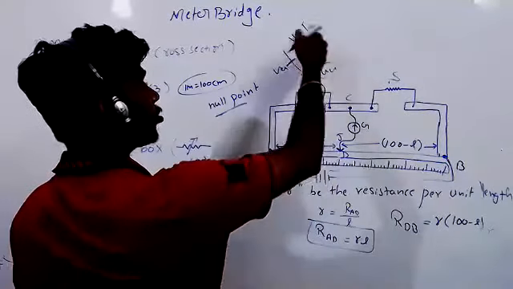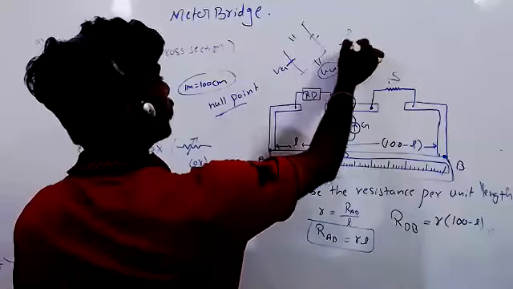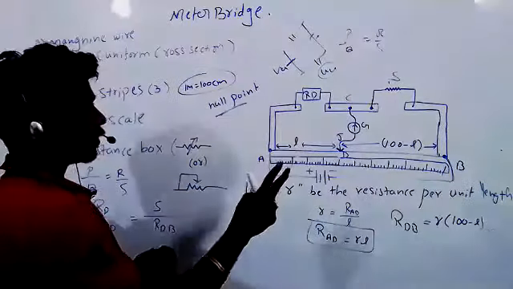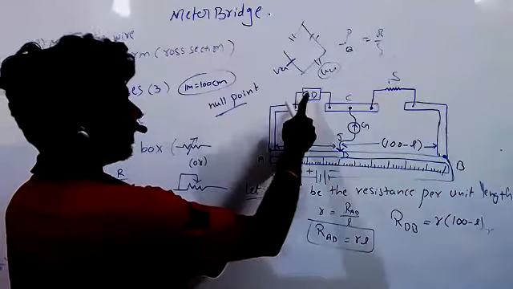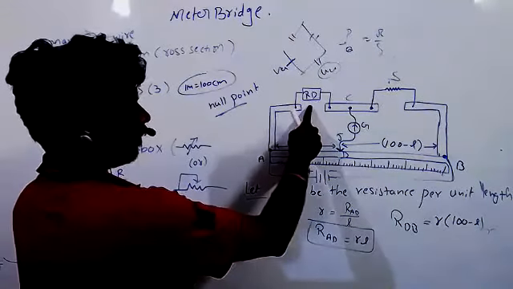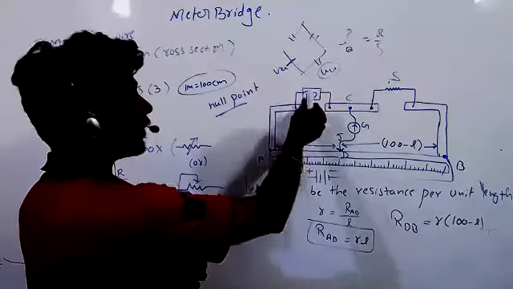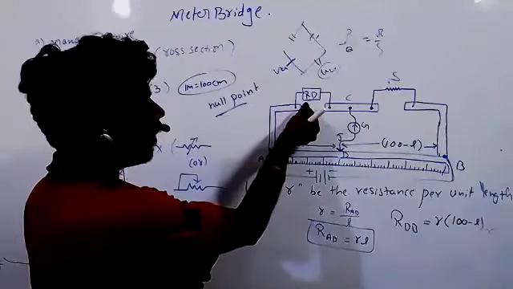To find this unknown resistance, we used P by Q equals R by S. Here also there are 2 known fixed resistors, and 1 is a variable resistance, nothing but a resistance box. Why do we have to vary this?